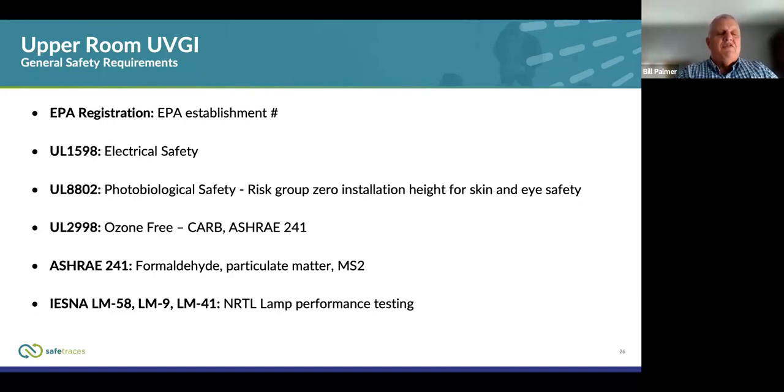And lastly, we have some IES test standards that we like to test the equipment to show the output of the device, because the actual UV output of a device is what we use to determine the dosing of a space. So how many fixtures of what type and size would we use in a given area based on their actual output. Next slide.